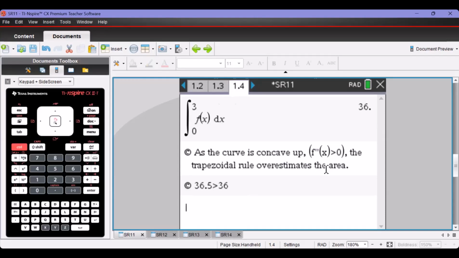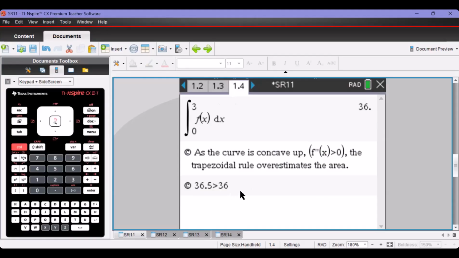And if the curve is concave up, then the trapezoidal rule overestimates the area. And our estimate of 36.5 does indeed overestimate the actual area, 36.5 being greater than 36. So that at least gives us a good foundation to say, okay, I think that I've obtained the correct answer because I've got an overestimate.